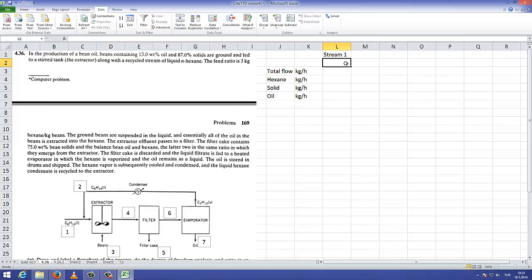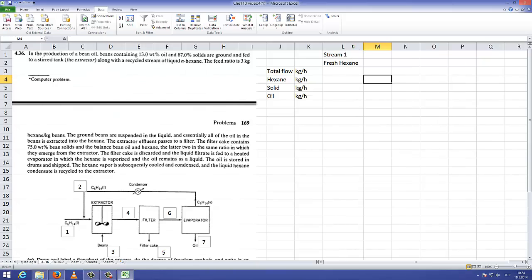I'm going to have both the numbers and names for it, so it will be simpler to check. This will be the fresh hexane, because we feed fresh hexane into the system. Then we are going to have stream 2, which is recycle. And stream 3, which is beans.